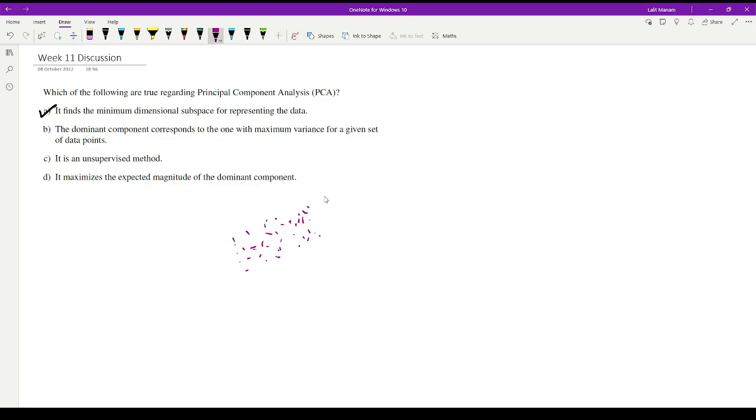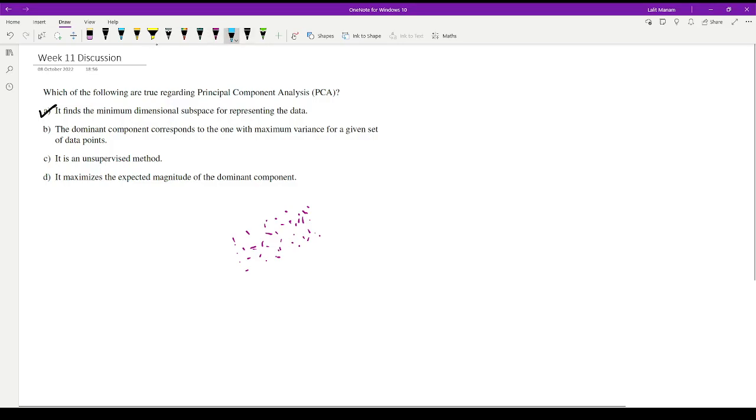If I have these purple dots as a set of points given to me, and the screen is a two-dimensional space, I would like to find the dominant component here. First we'll try to understand what we mean by dominant component.